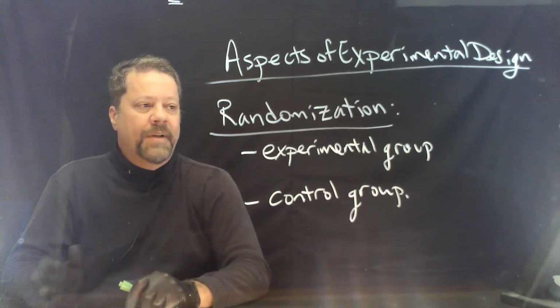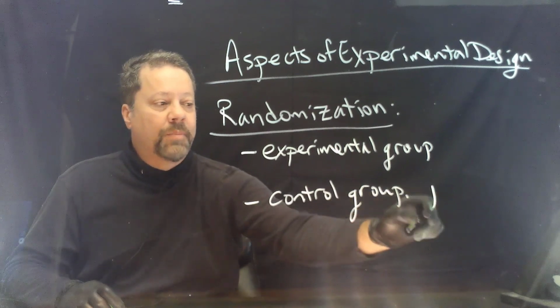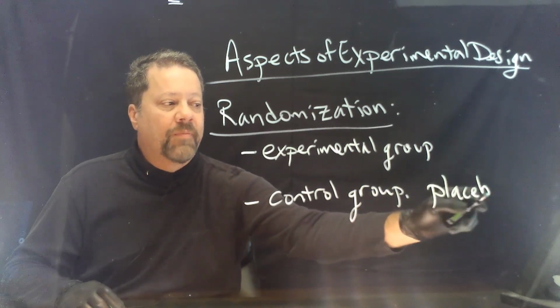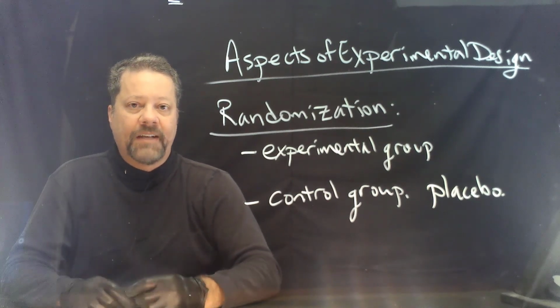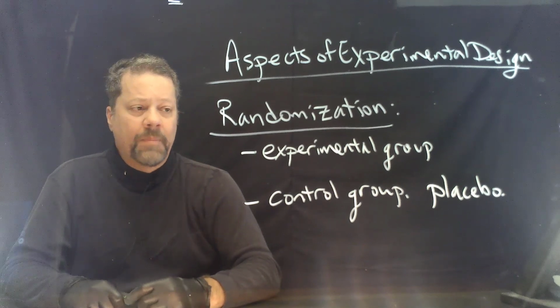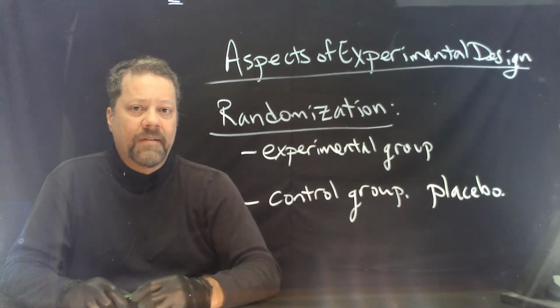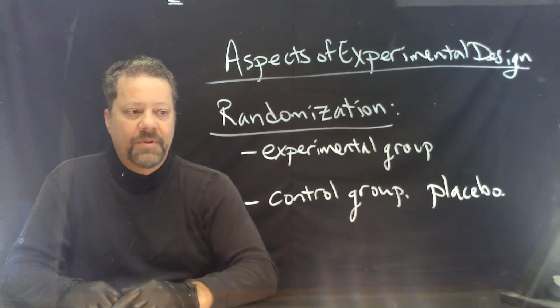If we're experimenting with a particular drug, we often give members of the control group a placebo, maybe a pill made out of sugar, which we don't expect to have any particular impact on the experiment being performed. It's important that members be chosen at random to be parts of these groups.